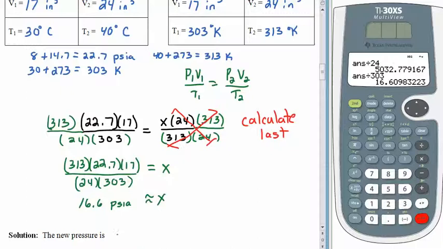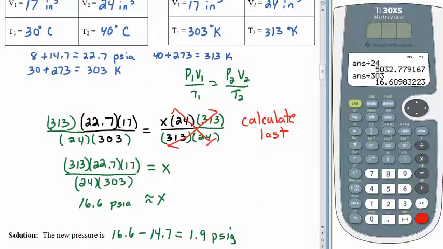The new pressure takes this 16.6, subtract off the 14.7, and then we'll be here at 1.9. And this is psig. So that would be the gauge pressure that you would see for this situation.